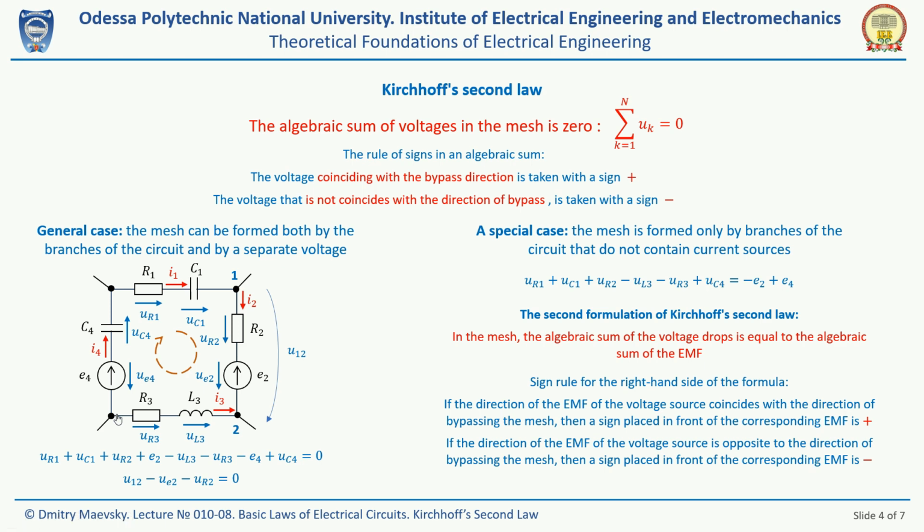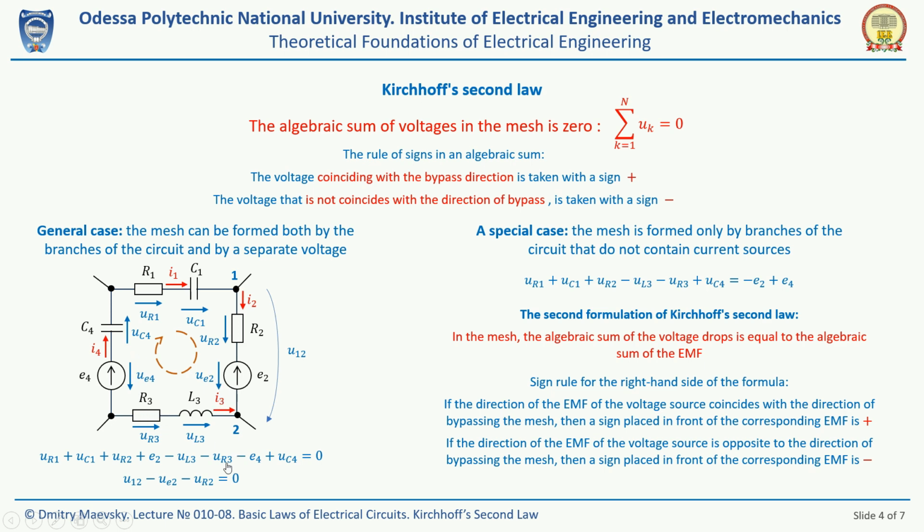And now we rise through this branch. The voltage of this source E4 has a direction contrary to its electromotive force.